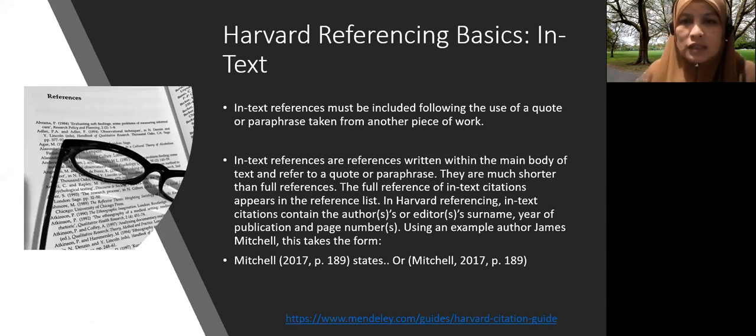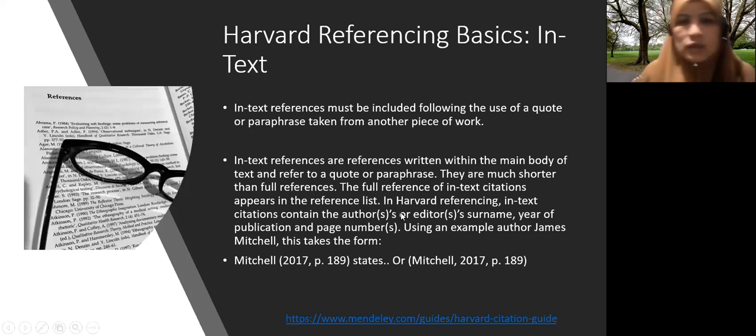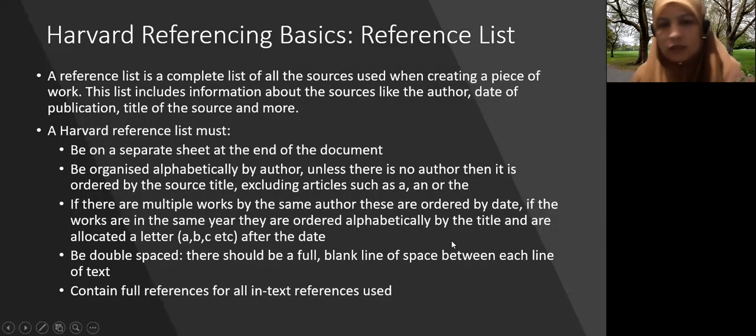Okay, now let's take a look at the in-text citation. Oops, sorry about that. Okay, so I think I got it wrong just now. Let me check again, because this is for the reference list. I'm so sorry.